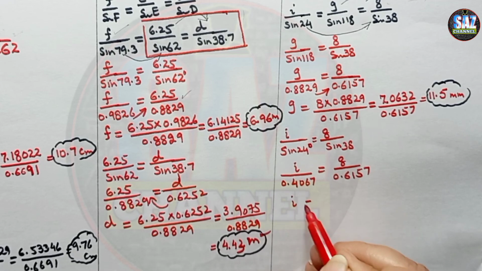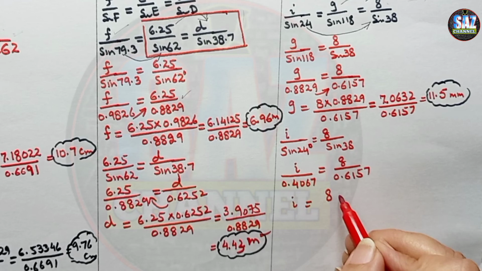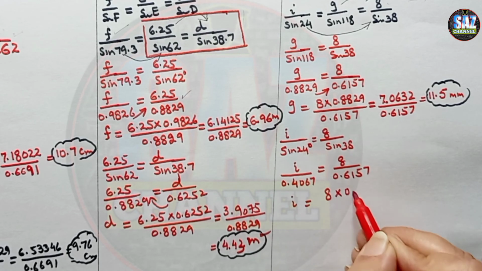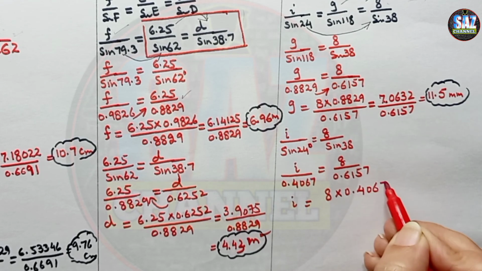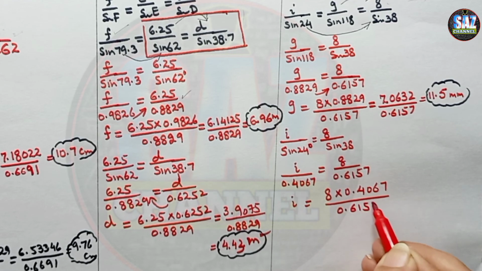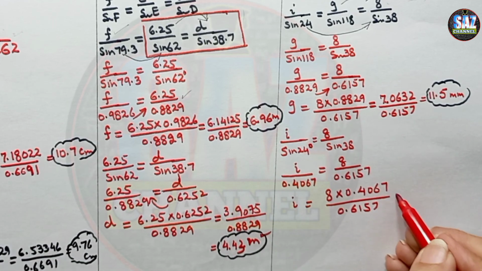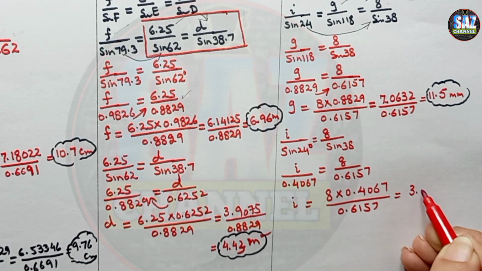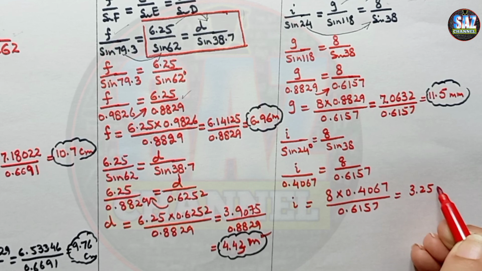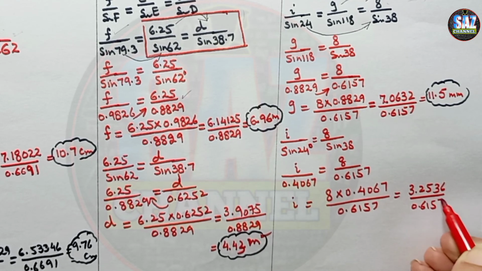Now I have to take 0.4067 to the other side: 8 multiplied by 0.4067 upon 0.6157. This gives me 3.2536 upon 0.6157.